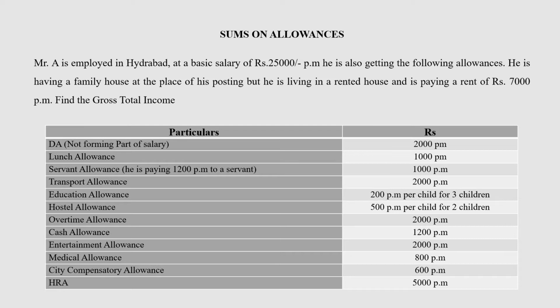Hostel allowance 500 per month per child for 2 children. Overtime allowance 2,000 per month. Cash allowance 1,200 per month. Entertainment allowance 2,000 per month. Medical allowance 800 per month. City compensatory allowance 600 per month. HRA is 5,000 per month.